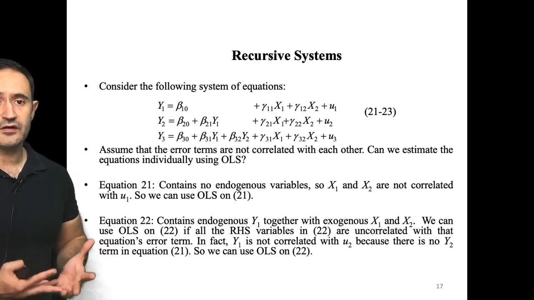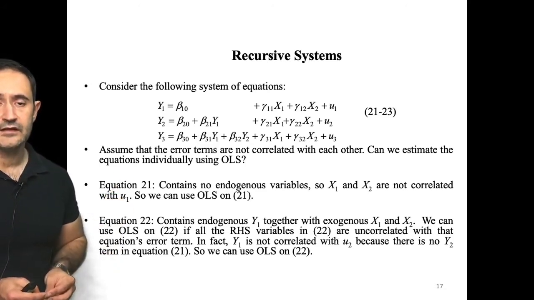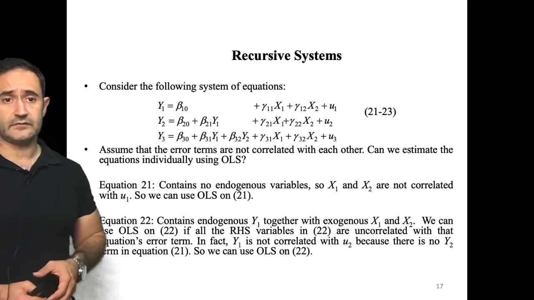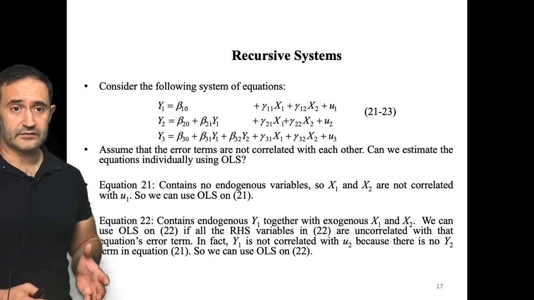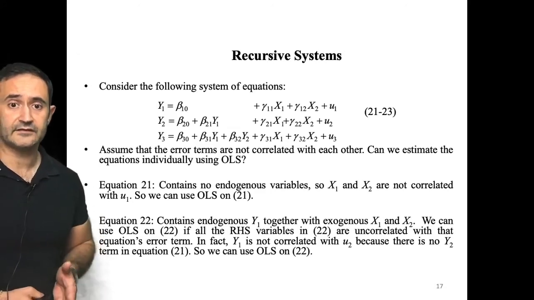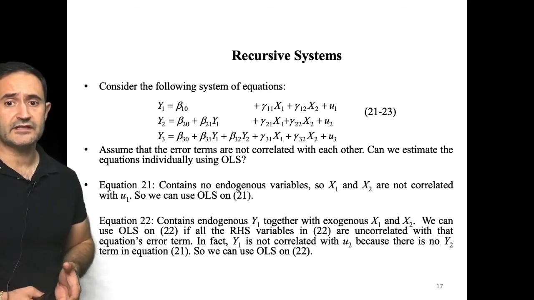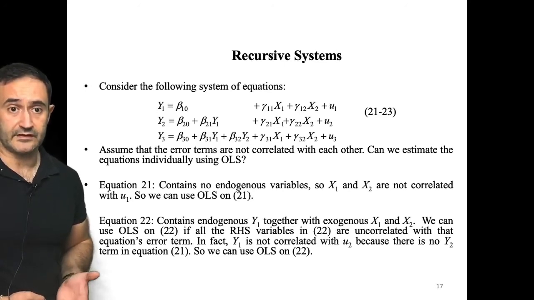But what is the problem? The problem is that we have y1, but is y1 correlated with any of the other variables? Well, as you have there, it is not. In fact, y1 is not correlated with u2 because there is no y2 term in the first equation, in 21.